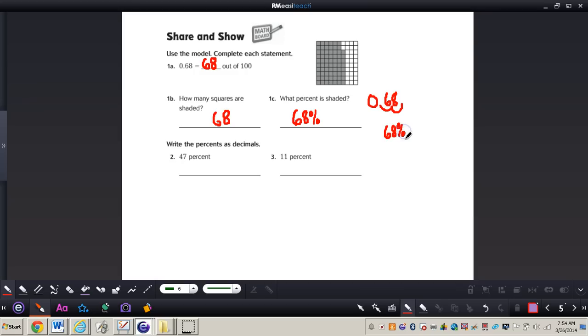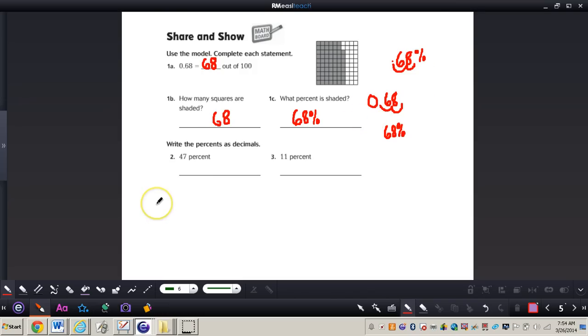Just like if you have a percent here, we have 68%, if we want to change that to a decimal, we move the decimal point 2 places to the left, and the reason we're moving it 2 places is because percent means out of 100. So we move it, making it 68 hundredths now. So that is how you go from a percentage to a decimal and a decimal to a percentage as well.